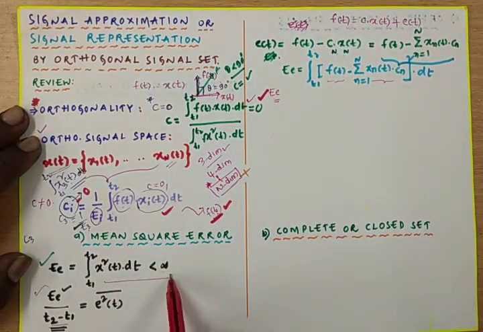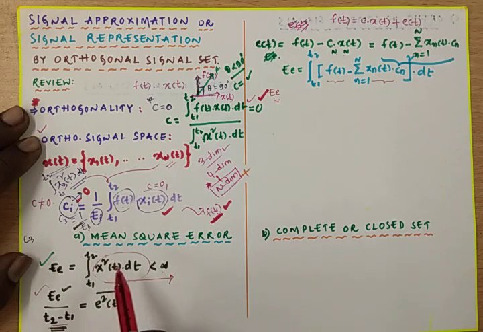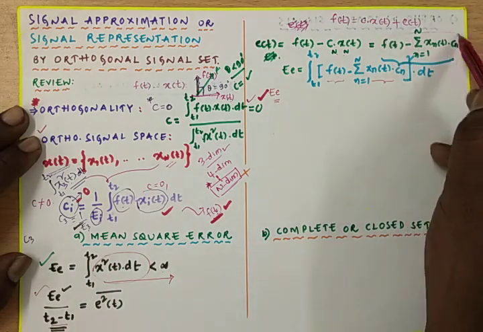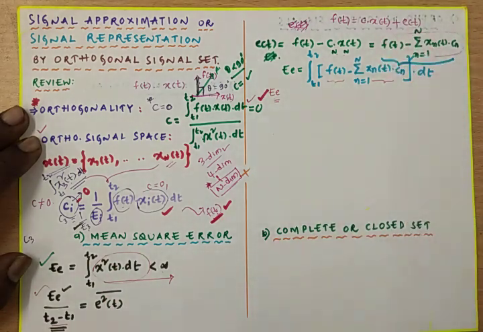EE is nothing but, in this formula x square of t is the total signal, and we are squaring that one.